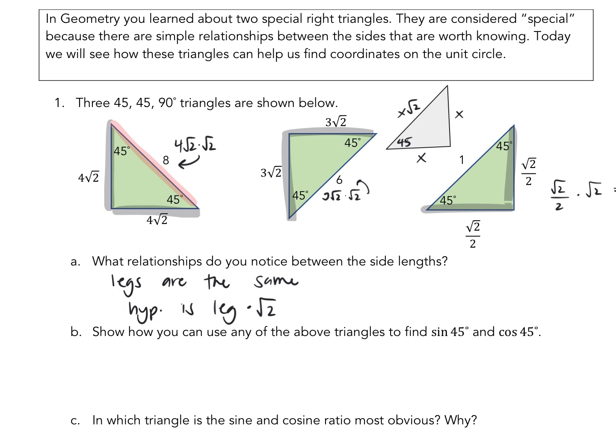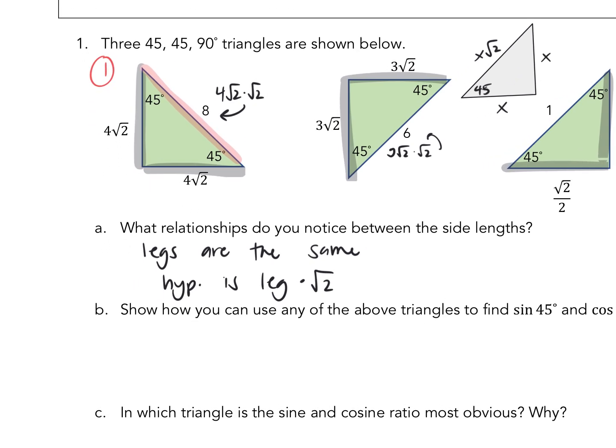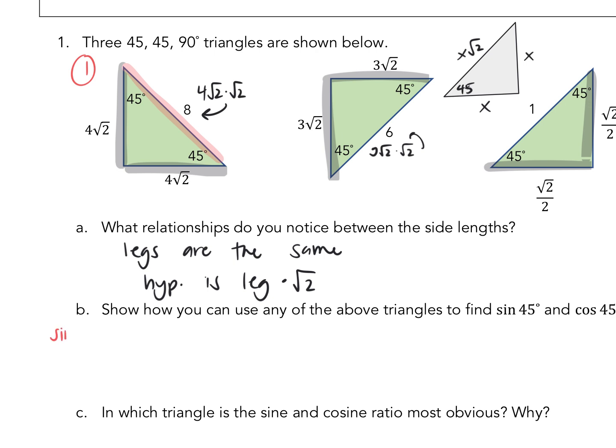Cool. Okay, now we're going to start introducing sine and cosine of these special right triangles. I'm going to do this first triangle here in red. If I wanted to find the sine of 45 degrees, I can choose either one. I can choose this one or the bottom one.